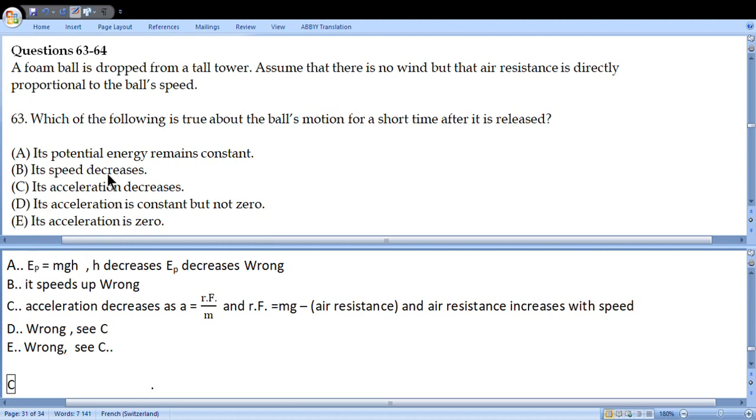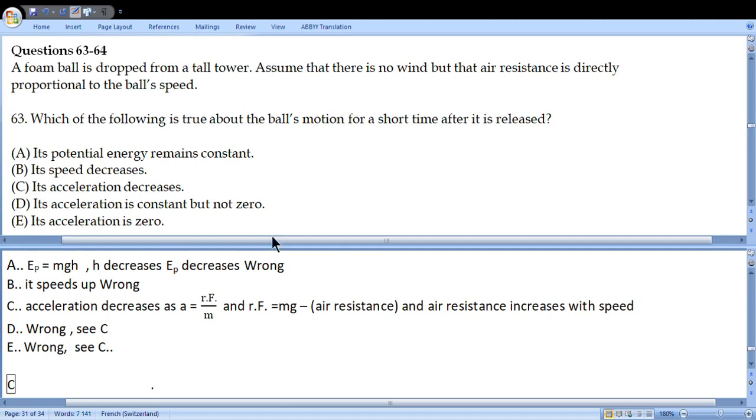Its speed decreases. All the time it speeds up, mostly speeds up, at some time stops changing, but does not decrease. Its acceleration decreases. Yes, acceleration decreases, and they ask about a short time after it is released.